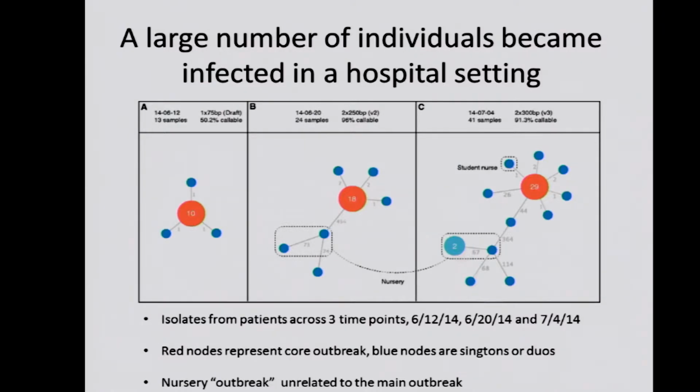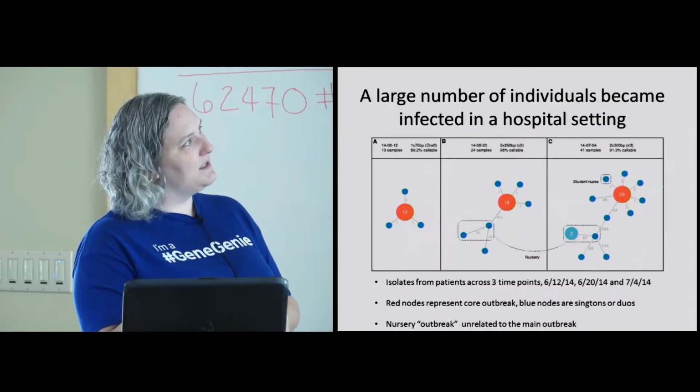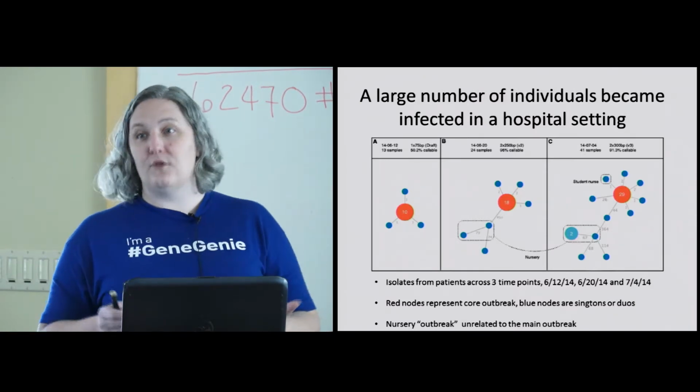And then we have this mini outbreak, if you want to call it, that was in the nursery at the hospital as well. They are related by their SNPs, and you can't see them, unfortunately, it's too pale, but there's actually values on the lines connecting the nodes here. That's the number of SNPs that were differentiated between the different isolates. So these guys are all the same. These guys all have a number of SNPs that are different from 1 to many tens, over 100 different SNPs.